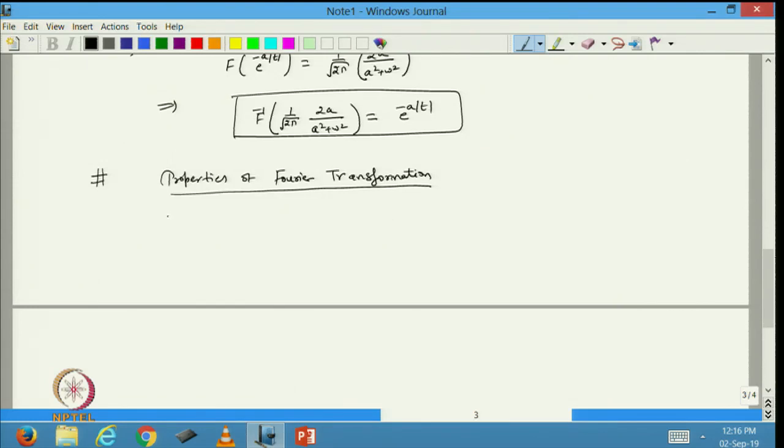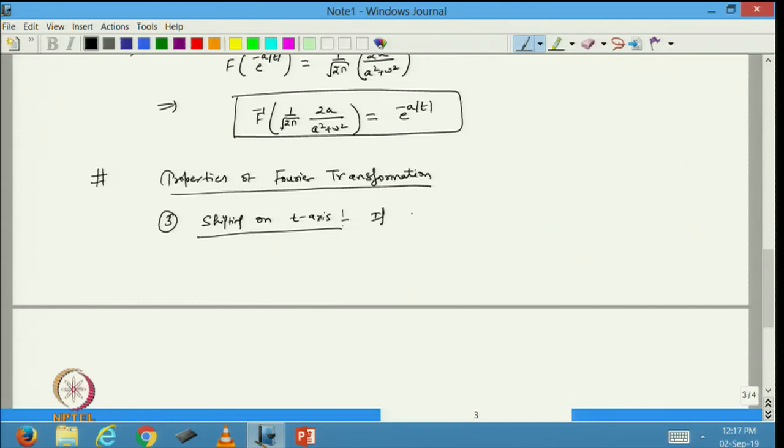Today I will start with the third property, and that is called the shifting on t axis. It is the same as the shifting theorem we discussed in the Laplace transformation. So, shifting on t axis.